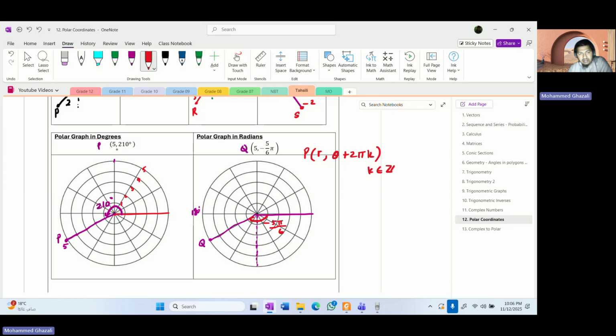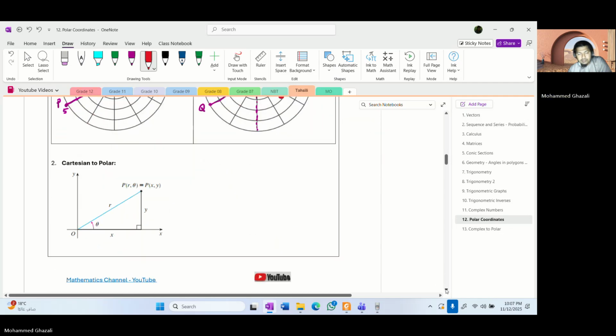This was 210, and this is negative 5 pi by 6, which is negative 150. 210 is going in the anti-clockwise direction, and the other goes in the negative direction, so you can just take 360 minus, or because you're going the opposite direction, you can say 210 minus 360. So theta minus 360, basically making the value of k negative 1. So this is a general solution for a polar point.